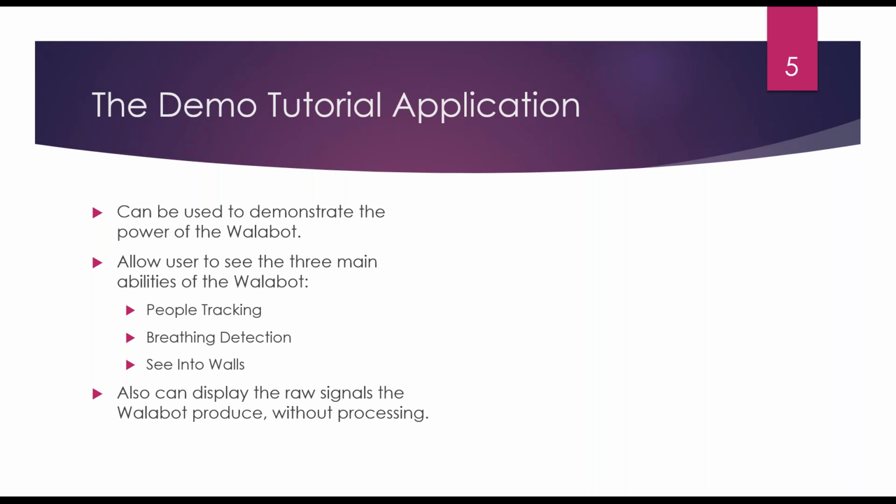It's divided into four sections. Three of them are the main ones that I guess you already know: the people tracking, the breathing detection, and the option to see into walls.